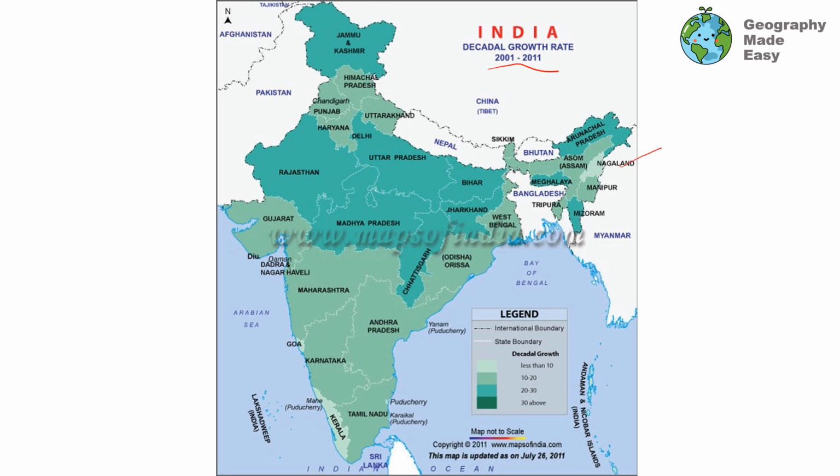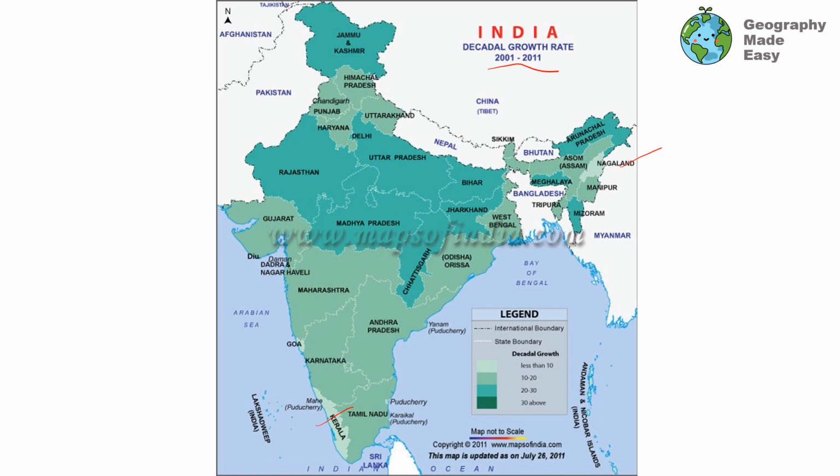Nagaland has very high literacy, similarly Kerala, and we can directly correlate literacy with growth rate. People tend to have fewer children. When people become aware of the liabilities of having very large families, that has led to a decrease in the growth rates in Nagaland and Kerala.